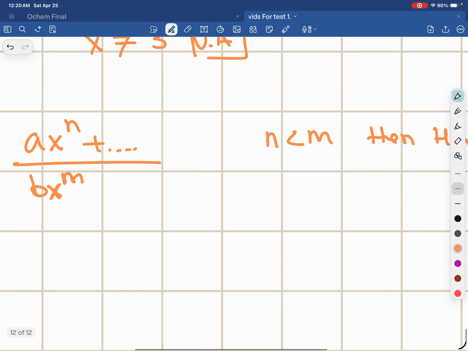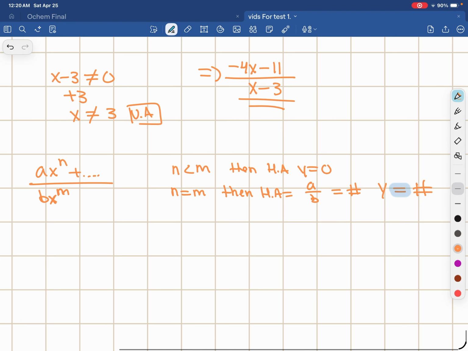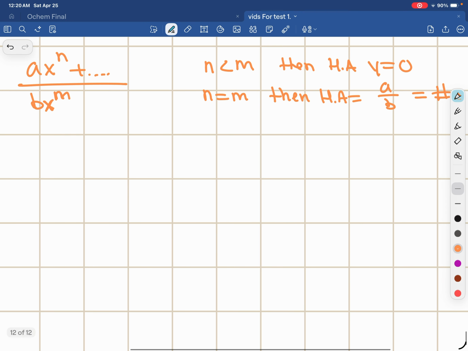Now, if we look at our second rule, if n is equal to m, then our HA will be equal to A over B. Just our two leading terms for both top and bottom, numerator and denominator, and that will give us our number, and that will be y is equal to that number. And then there's a third rule where m is bigger than n.